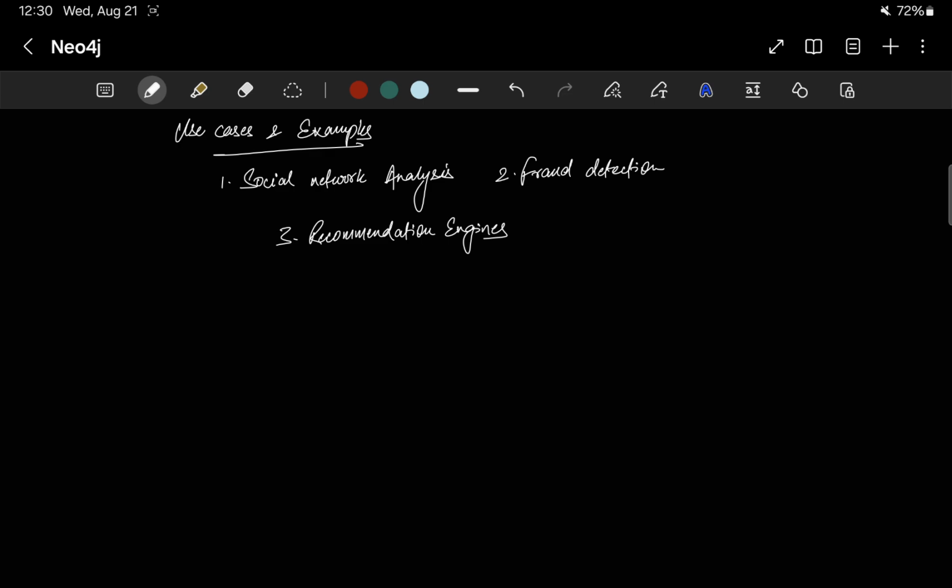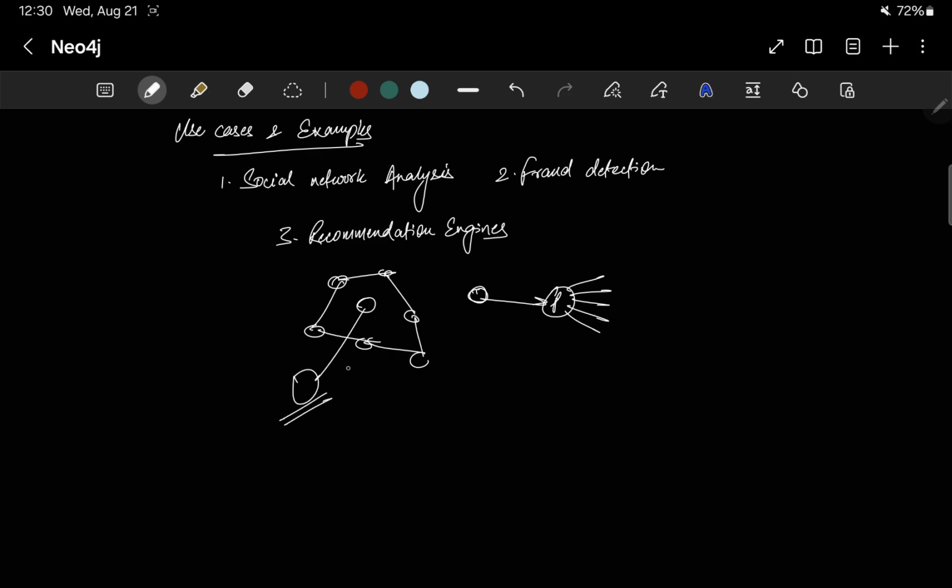This is called content based recommendation and collaborative recommendation, right? Content based is basically, if you like a product P, other products similar to P will be recommended to you. And collaborative is, let's say this is you, this is people around you. What people around you are using, you will get all those recommendations. So this is collaborative. Similar recommendation works in your Instagram, YouTube, everywhere.